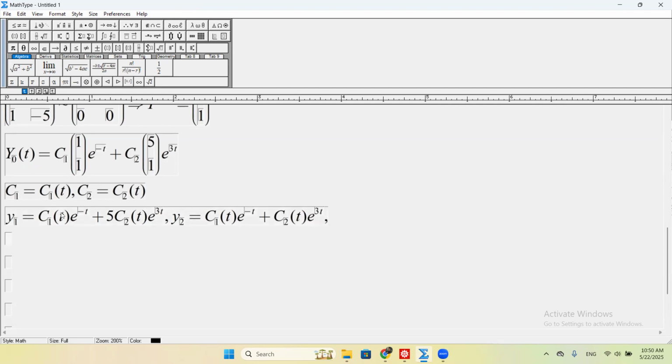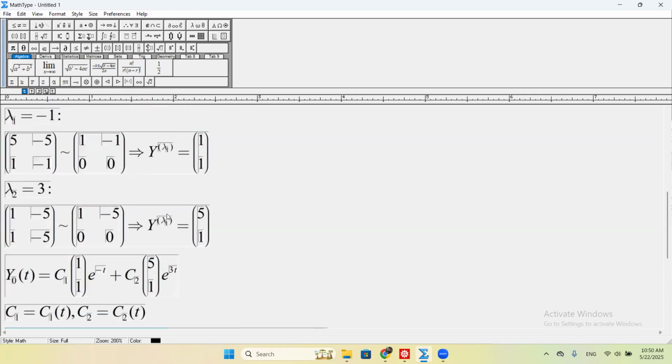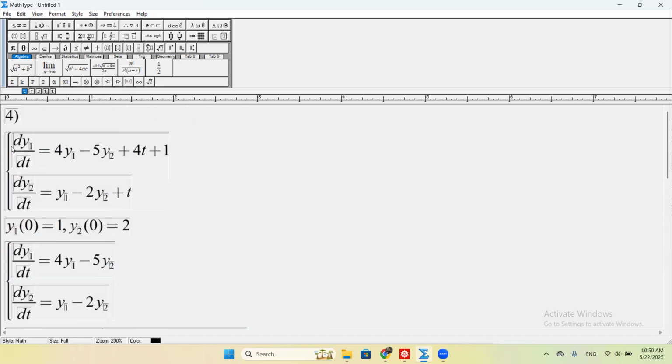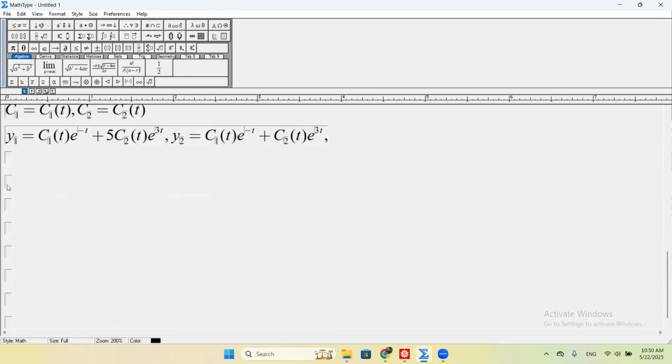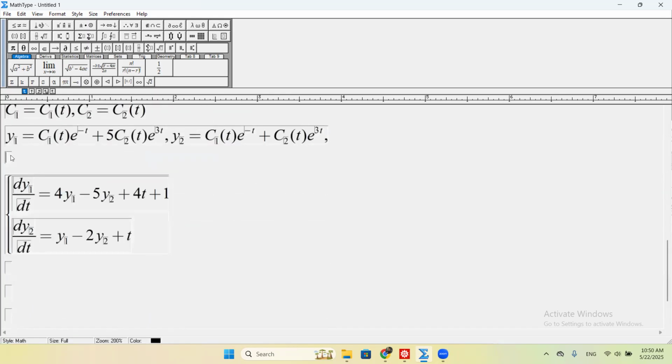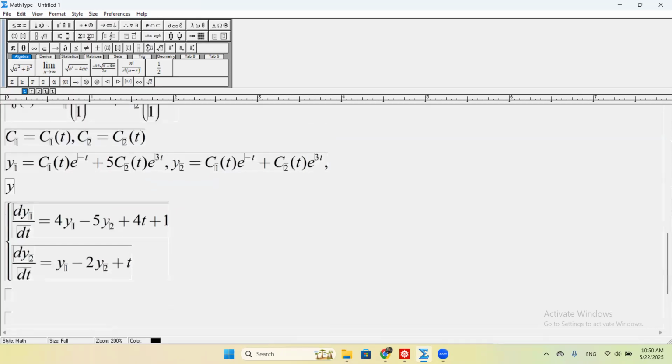Now differentiating y1 and y2, so that we can substitute them into the initial system. So let me paste it here, and now we will differentiate.